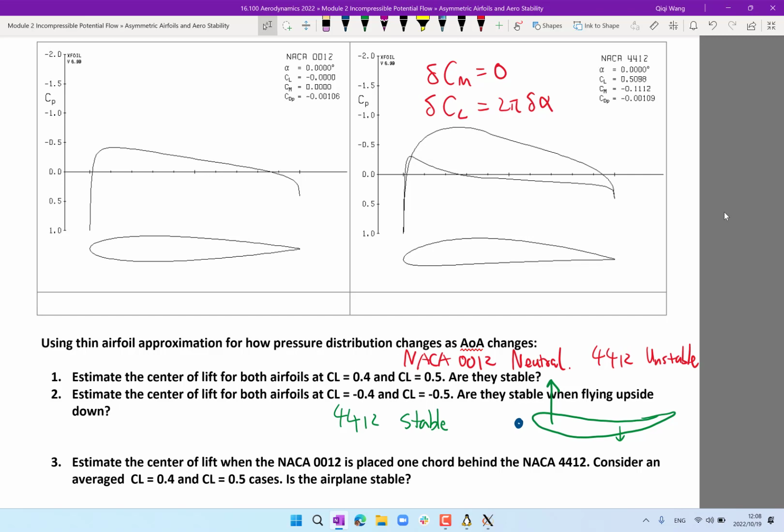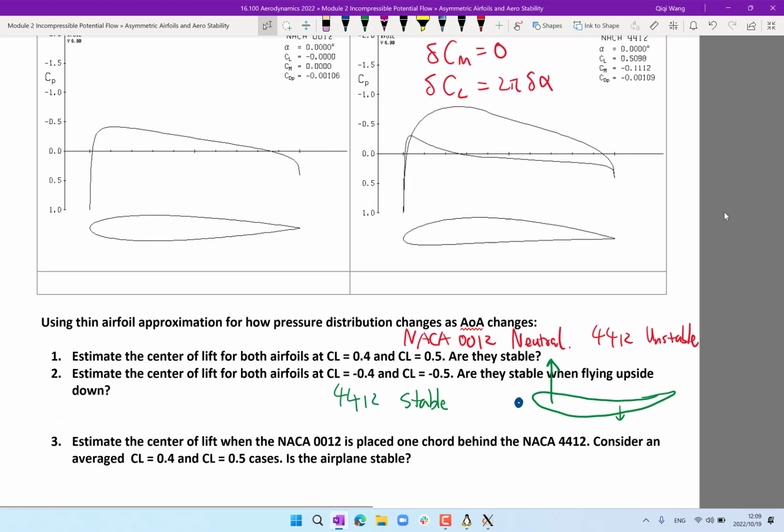But if the ratio between Cm and Cl is positive, just like when you flip the airfoil upside down, then it is going to be stable. All right, so that would be yes, right? So similarly, if you have a stable airfoil and you flip it, it would be unstable, if we trust the result of thin airfoil theory. All right. Yeah, good question.